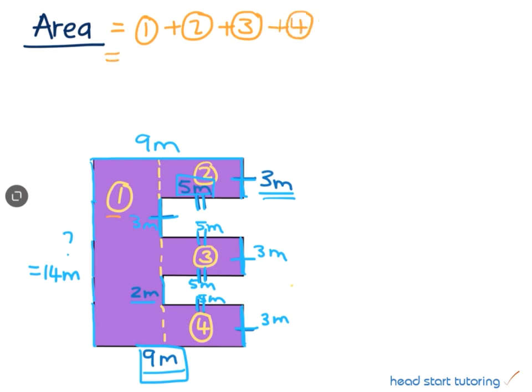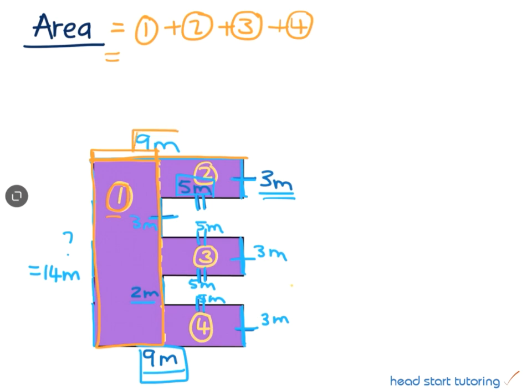Right, so the area of our first shape here, what we need to do is figure out what our dimensions are. So we are working with this rectangle there. That is how we've divided it up. And we're not working with this full 9 meters. We are only working from there to there. So we need to figure out what that space is.